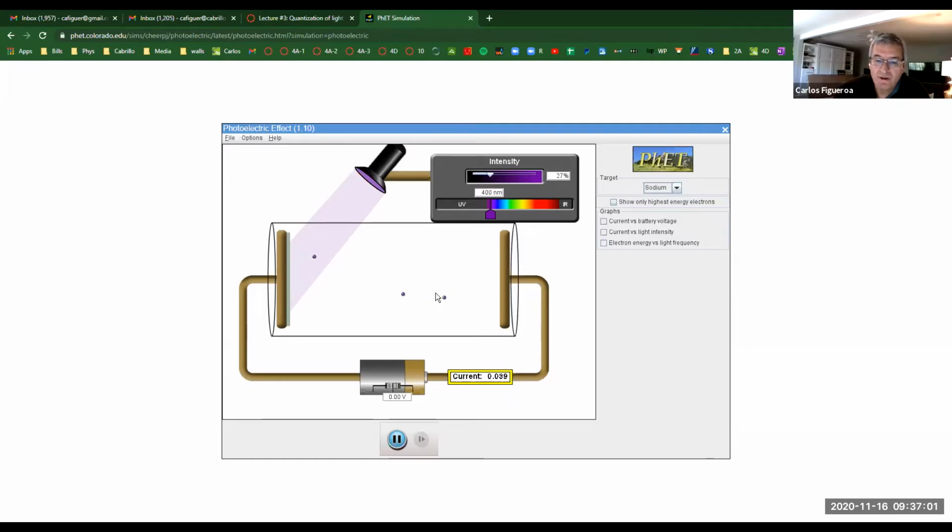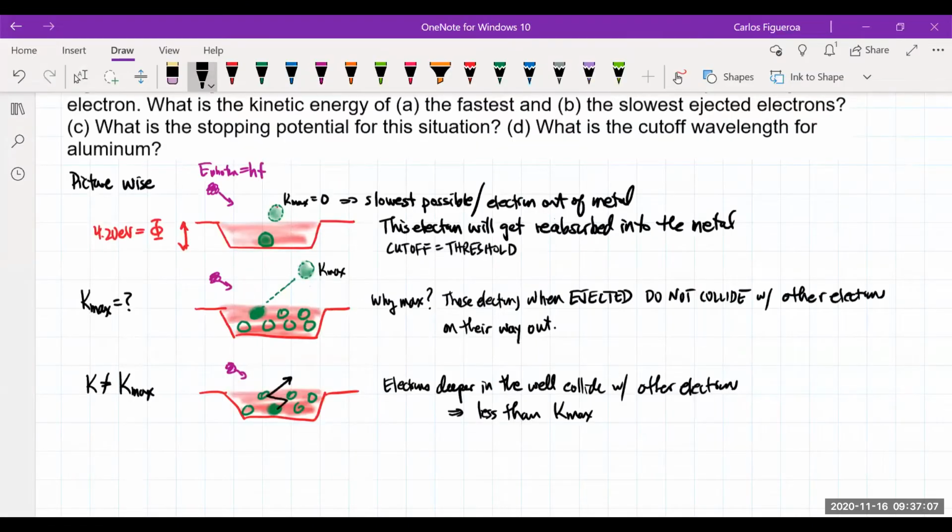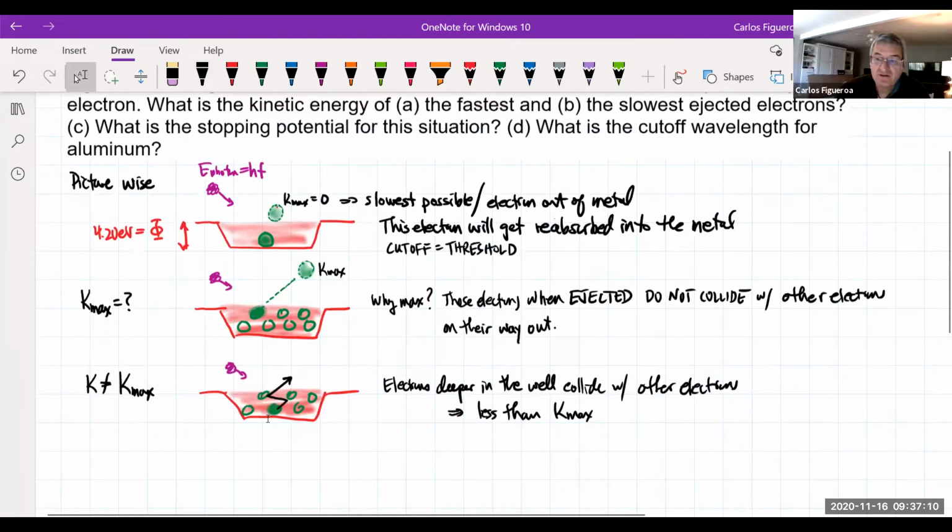The slower ones are having to fight to get out because they're colliding with these other electrons right here. So you want to pay attention in that sense.